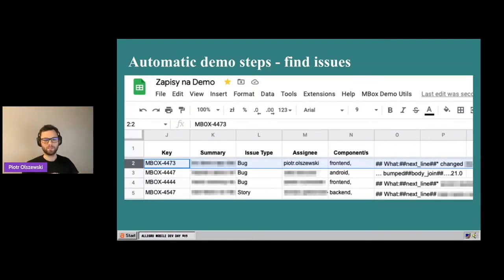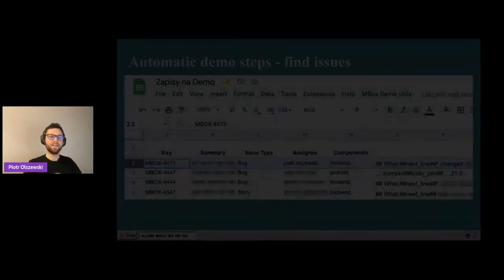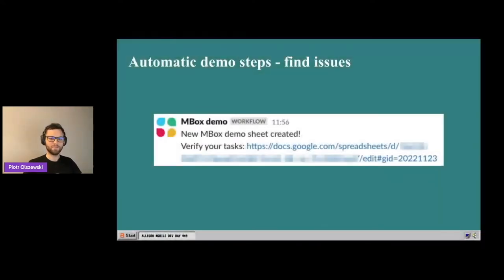Of course, it's all parsed and prepared for the next step. We had to do it in that way because we needed to integrate Jira, that is intranet, and the outer world, which is Google Scripts. Okay. And now we have this information that the sheet is created and ready to go.